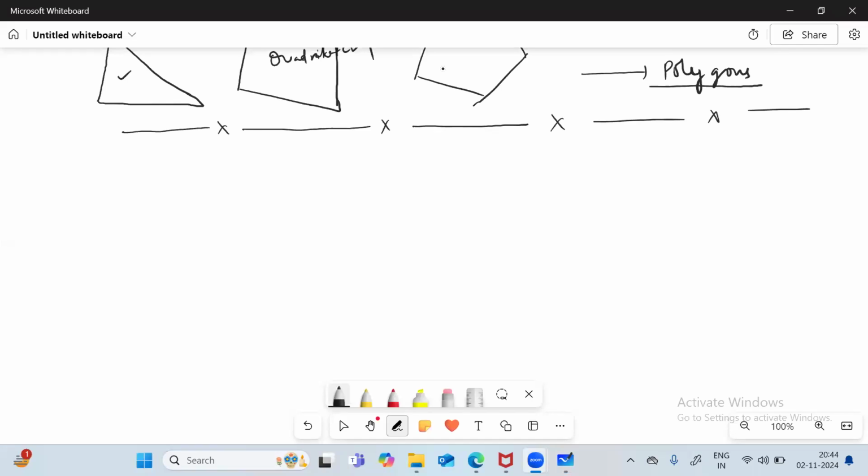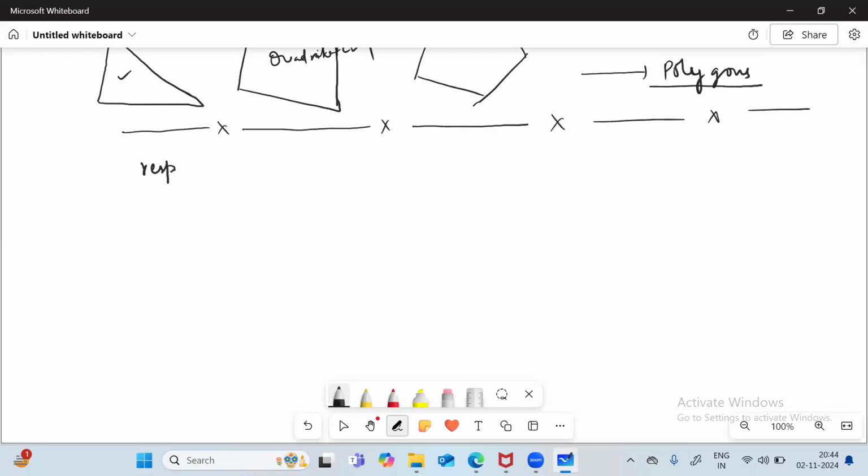So now we can categorize triangles in two ways. One with respect to angles, and the other with respect to sides.